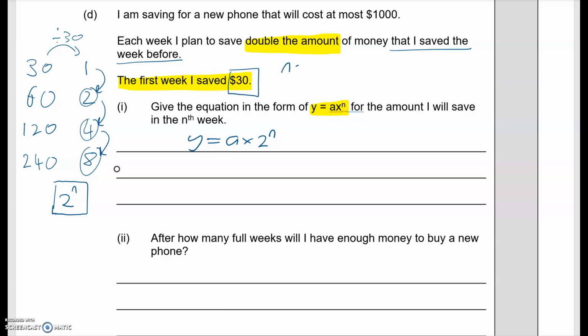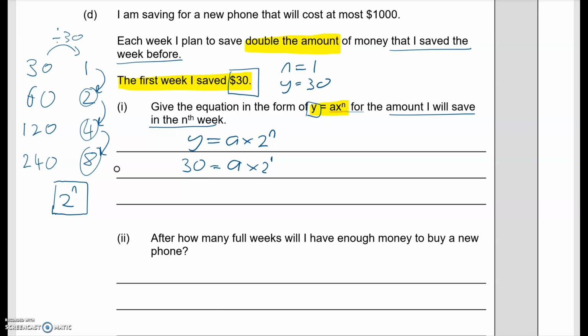So when n equals 1, y equals 30. y is going to mean the amount we save in that week, for the amount I will save in the nth week. So in the first week, n equals 1 and y equals 30 because we saved 30 in the first week.